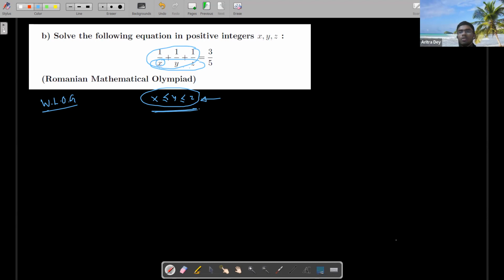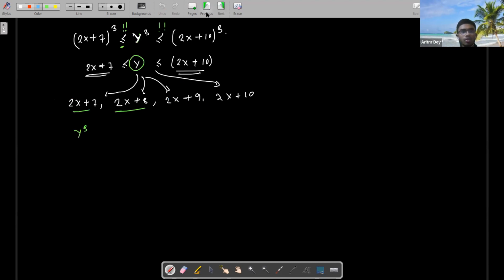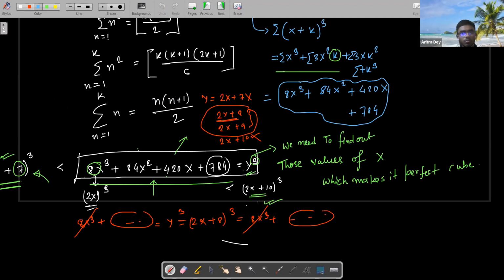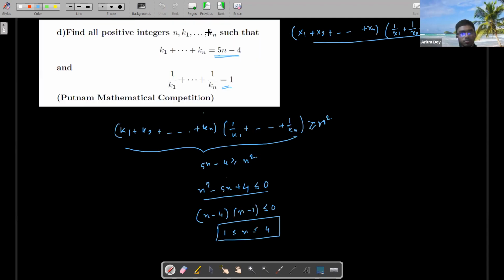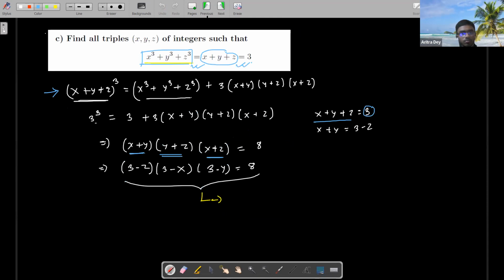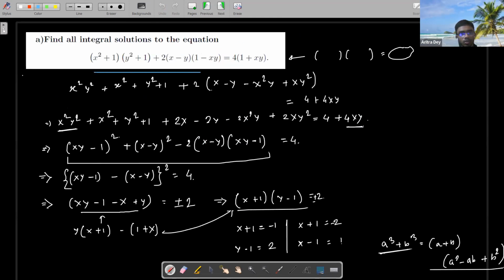So remember, you can't directly apply this everywhere. For example, for this particular problem, I can't directly apply that x is lesser than or equal to y, because if we replace x and y, there can be some changes, so it is obviously not possible.